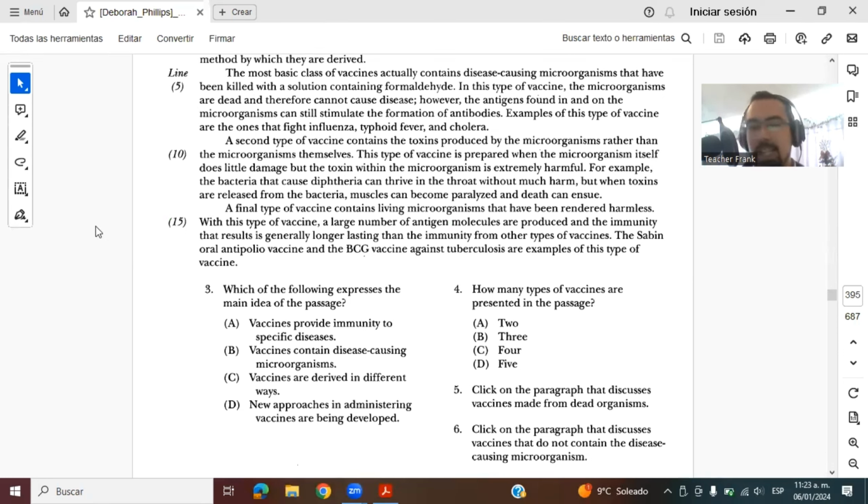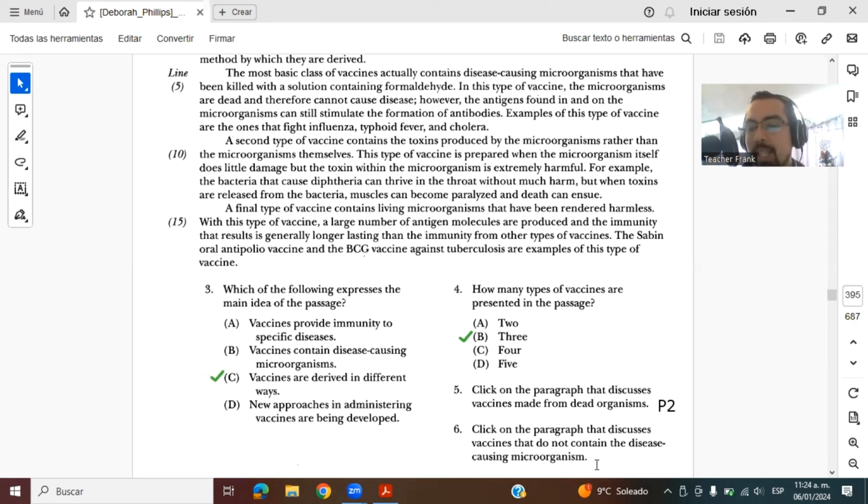Okay, so let's check them. Number 3 is C. Vaccines are derived in different ways. Number 4 is B. There are 3 types of vaccine, which the passage mentions. Number 5 is going to be paragraph 2, right? That's where they describe the vaccines that are made from dead organisms.